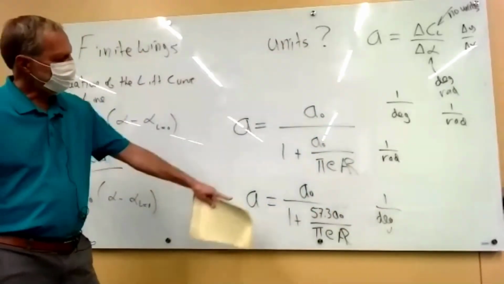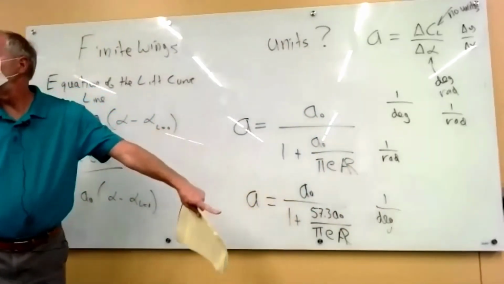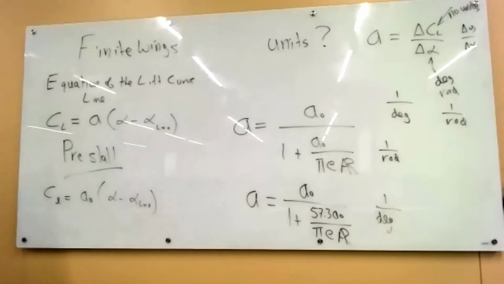The only difference is the 57.3, and if you look at that, you go, oh, that's 180 divided by pi. That's the conversion from radians to degrees. So if you see the 57.3 in there, everything's in degrees, per degree. If it's not there, it's per radian.